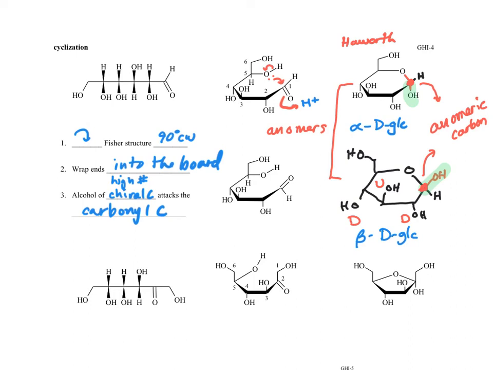Okay, one more skill and then we're going to stop this video. How do you determine whether a sugar is an alpha or a beta anomer? It would be nice if we could simply find the anomeric carbon and its alcohol and say, well, if it's down, it's an alpha, and if it's up, it's a beta.